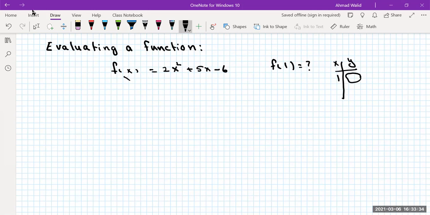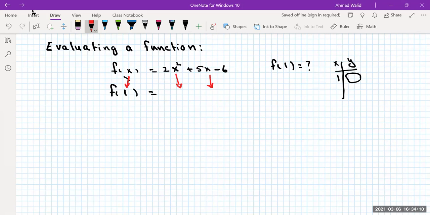In other words, if you want to evaluate this function, if you want to find f of 1, wherever you change your x on the left side to 1, you have to change your x on the right side also with 1, replace it with 1, and then calculate. This is the meaning of finding or evaluating a function. It's not that difficult to think for 30 minutes, okay, what should I do?